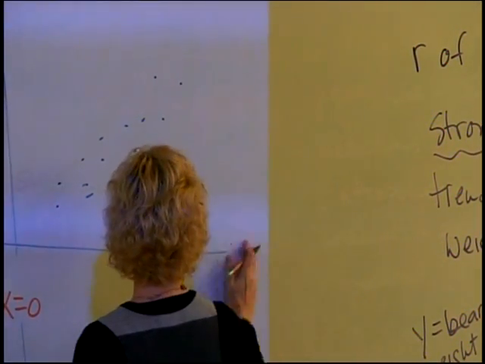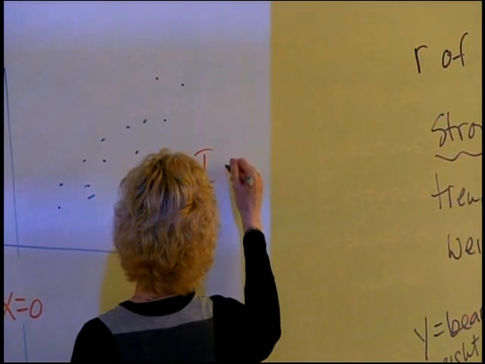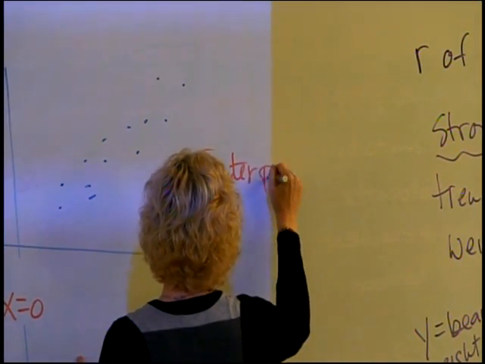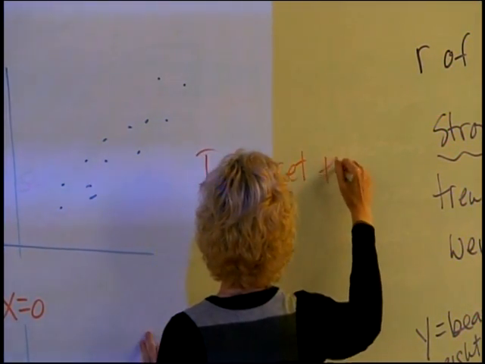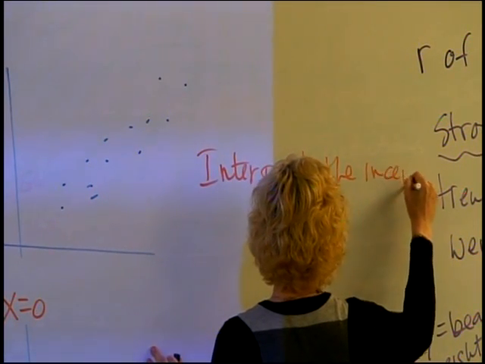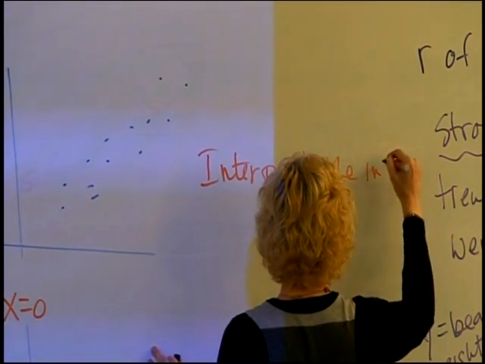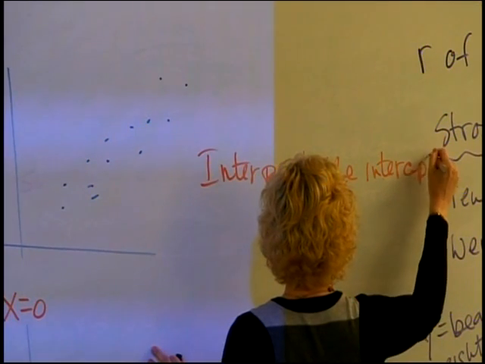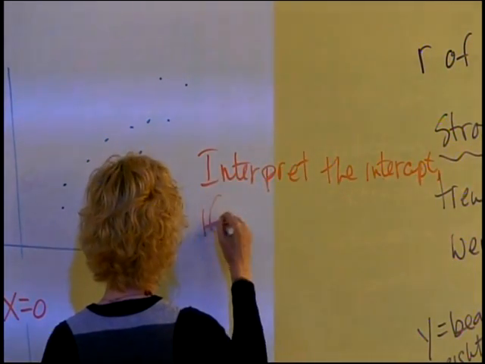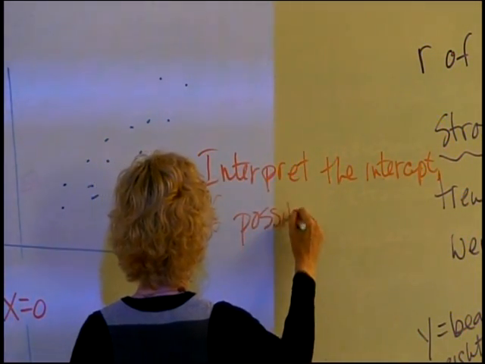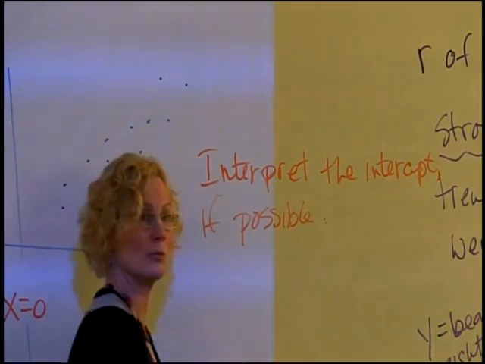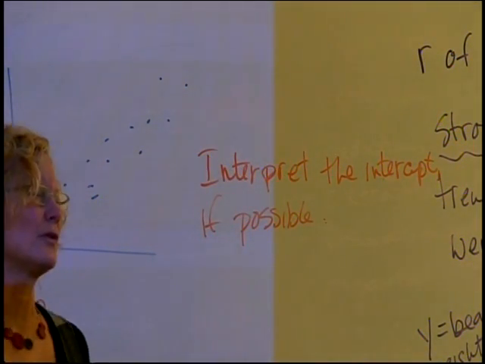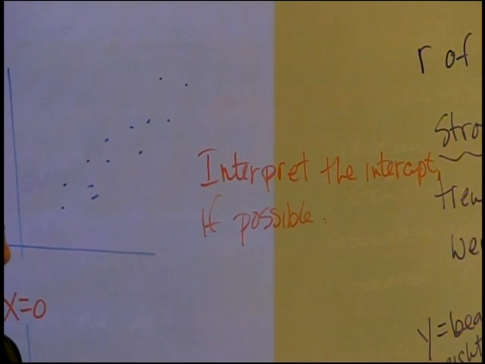So problems will say something like, interpret the intercept if possible, or what is the y-intercept, say if applicable, or what does it mean if applicable, or something like that.